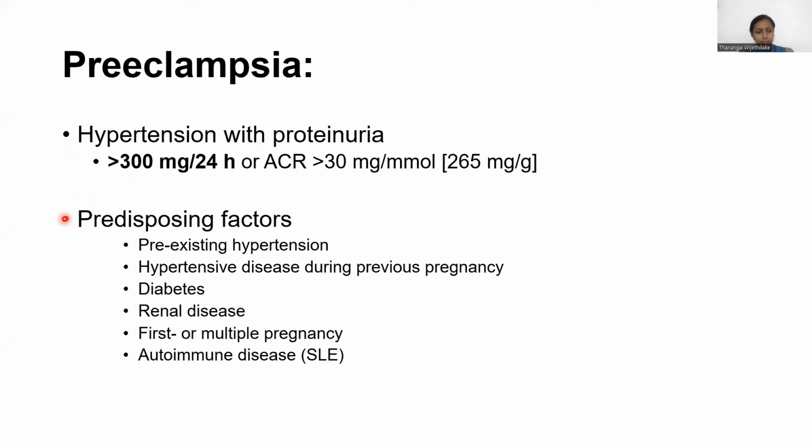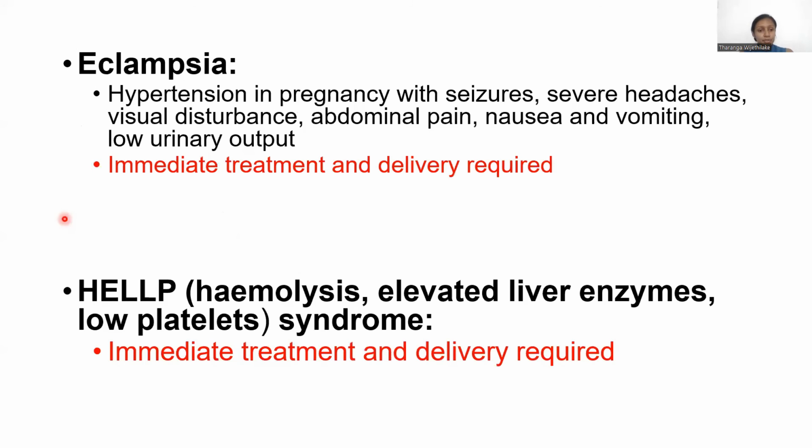Pre-existing hypertension, hypertensive diseases during past pregnancies, diabetes, renal diseases, people who have had renal transplants or have chronic kidney disease, first pregnancy or multiple gestation, then autoimmune diseases. Then if the mother is above 40 and also if your pregnancy interval is more than 10 years, again, they are tied.